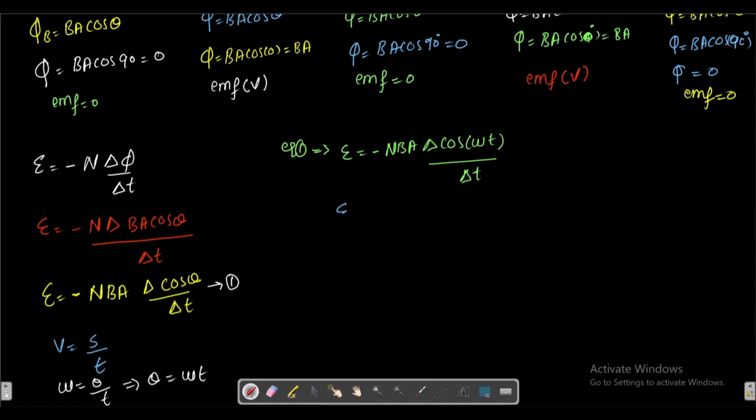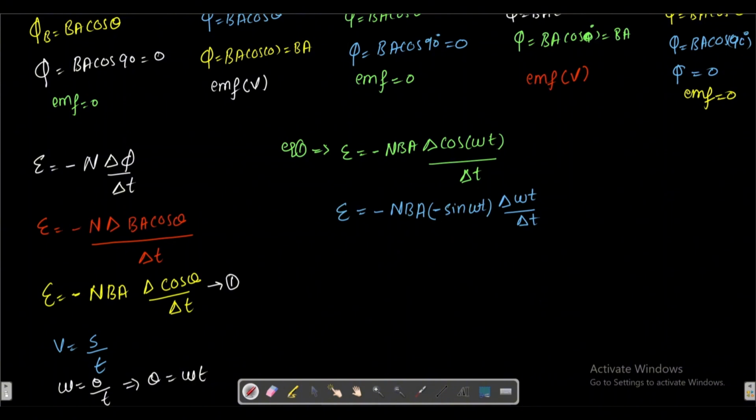So EMF is equal to minus N B A, and the differentiation of cos is minus sine omega t, and del omega t divided by del t.